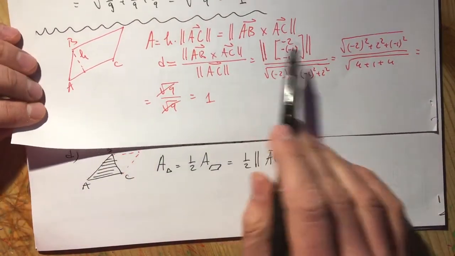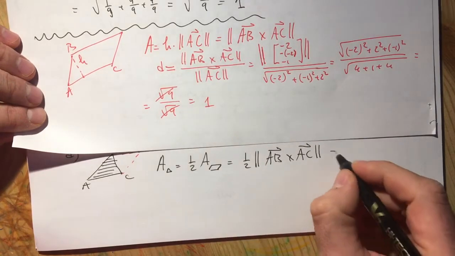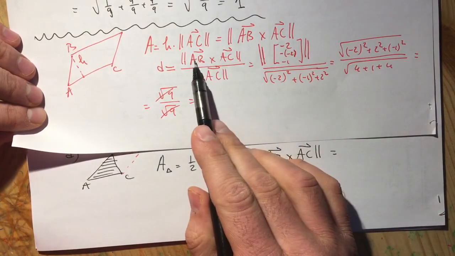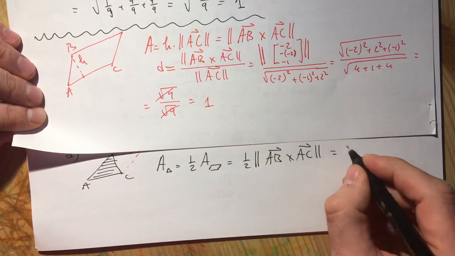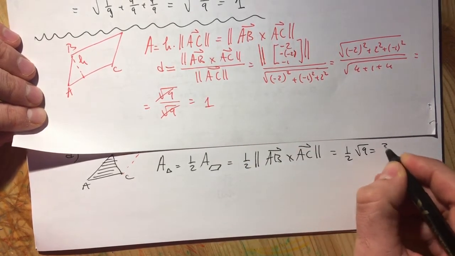If you haven't done it then you will do it. The norm of AB cross product AC was the square root of 9, so that's 1/2 times the square root of 9, so that's 3 over 2.